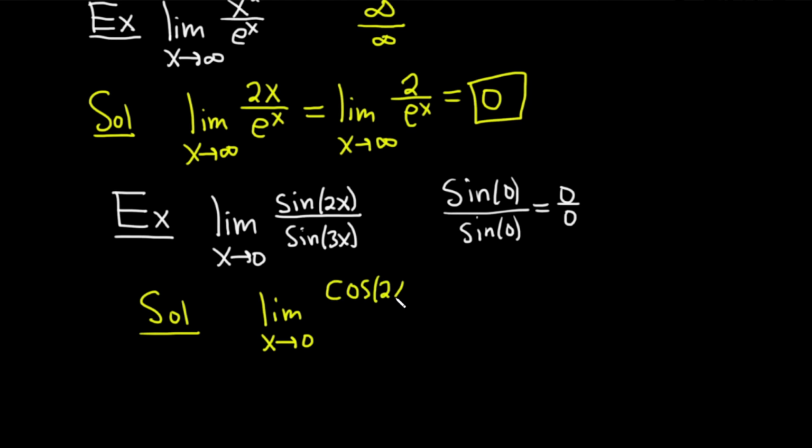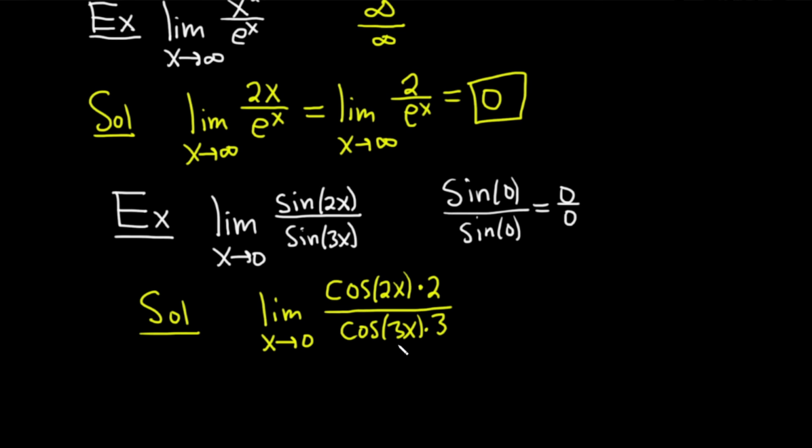We leave it evaluated at the inside, and then times the derivative of the inside function, which is just 2, over, same thing on the bottom, the derivative of sine is cosine. Leave the inside untouched. And then times the derivative of the inside, which is 3, right? Chain rule. You take the derivative of the outside, evaluate it at the inside so you don't touch the inside function, then you multiply by the derivative of the inside function. By the way, the reason it's 2 is because the derivative of x is 1.